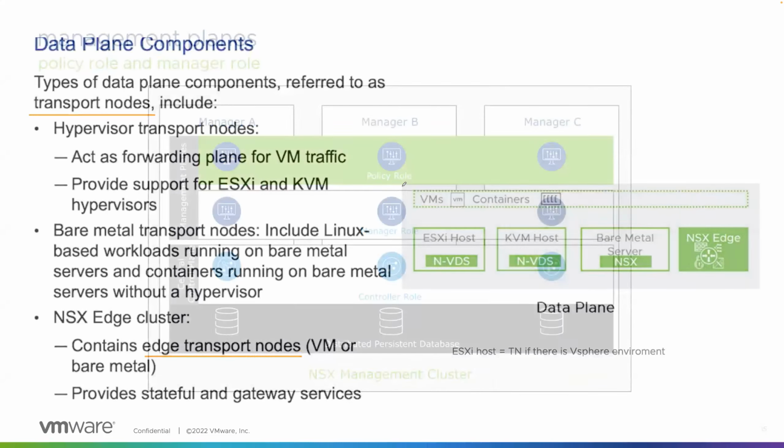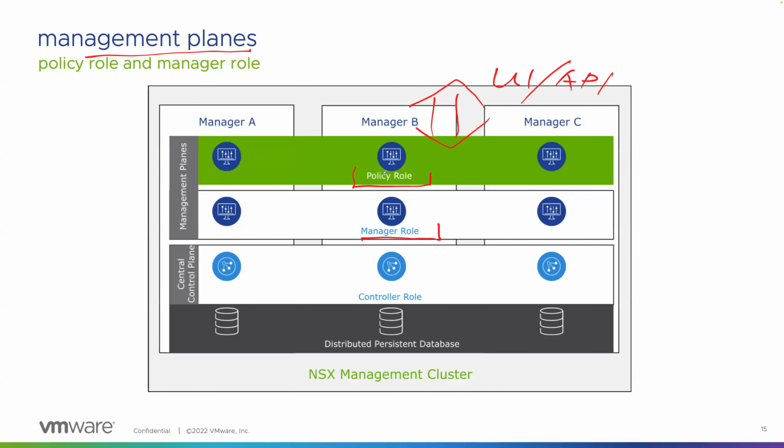When the policy role finishes checking your configuration or gives you an interface for the user interface or API, it transforms your configuration to the manager, into another form, for example, the native NSX command or raw command form.